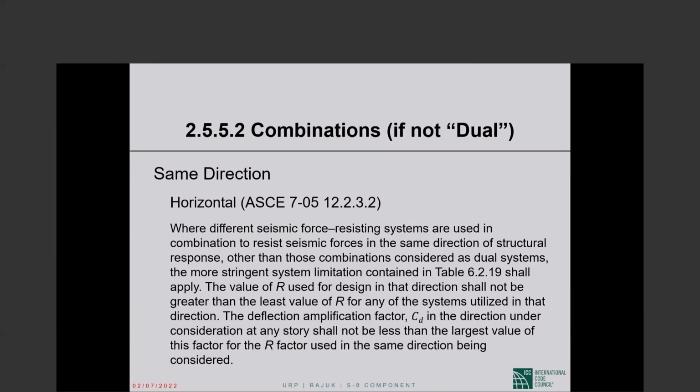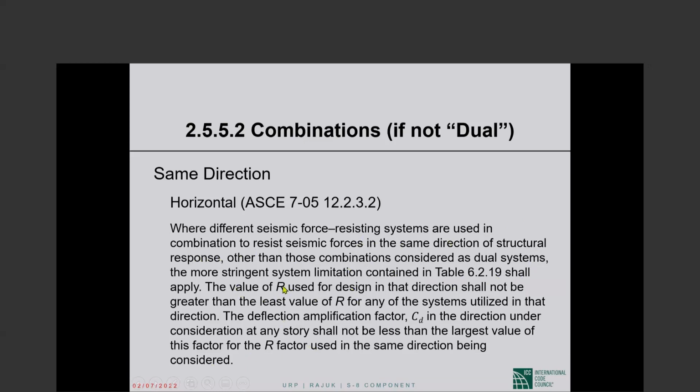So the first is horizontal combination of structural systems in the same horizontal direction, okay, where different seismic force resisting systems are used in combination to resist seismic forces in the same direction, unless it is a dual system.